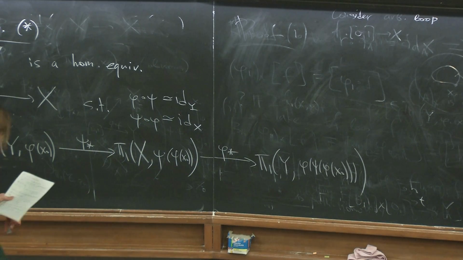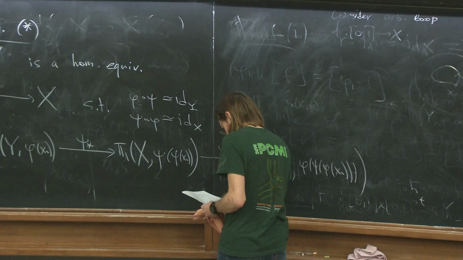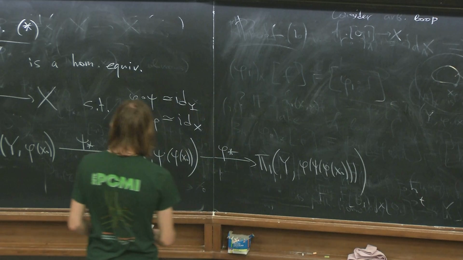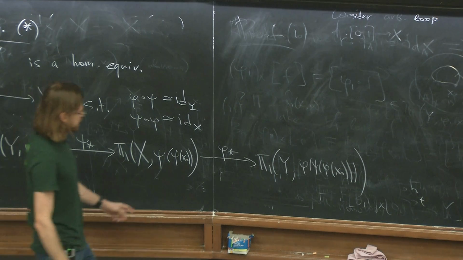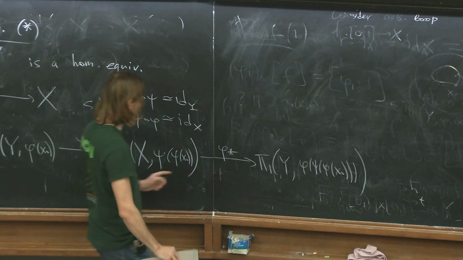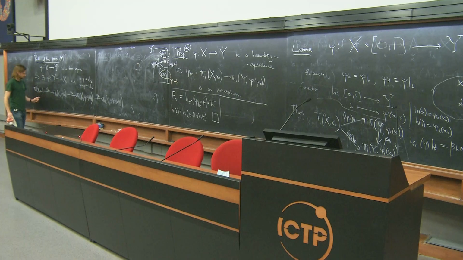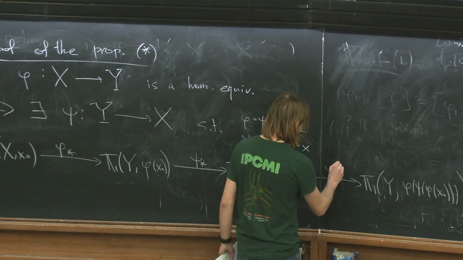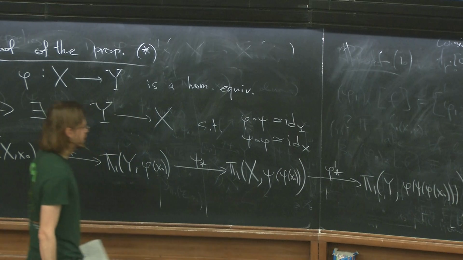Okay, this will be enough for us. I use the same notation phi star here and here, but to be careful, they act between different fundamental groups, defined for different base points. So to distinguish these two maps, let me put a prime here.